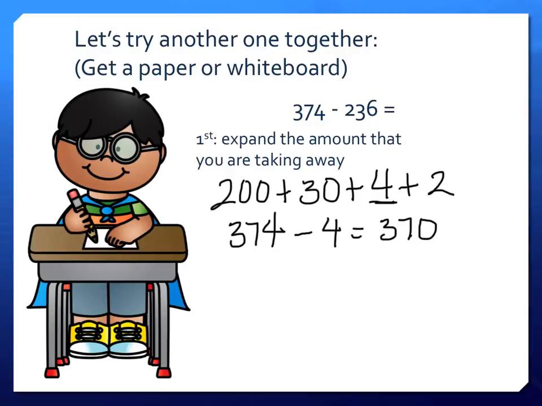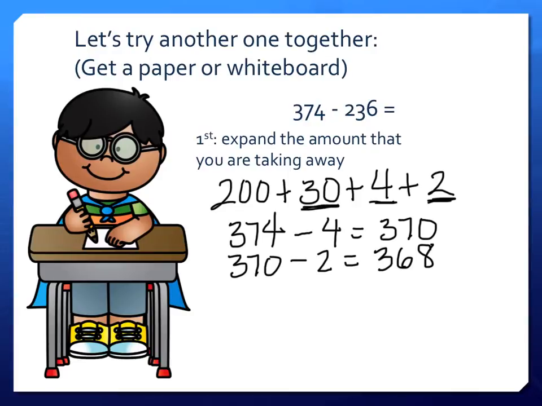Ooh, that made it easier to do, but I can't forget about my 2. So now I'm going to take my 370, which is what I have left, and this time I'm going to take away the 2. 370 take away 2 is 368. Okay, let's take away the tens value, which is 30.